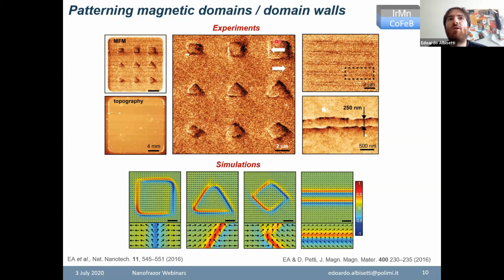And not only can we write magnetic domains, but we can also have an interesting control on the regions that, as I was saying, separate two different magnetic domains, which are called the domain walls. As I will show you later, domain walls are a very important part of magnetic devices that have recently gained a lot of attention because of their ability to really control the flow of magnons, the flow of spin waves, in different ways, for example.